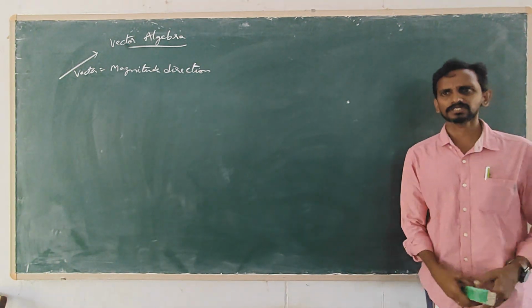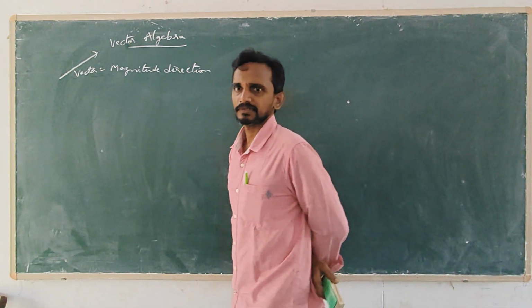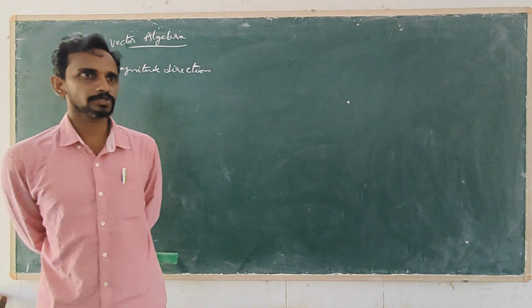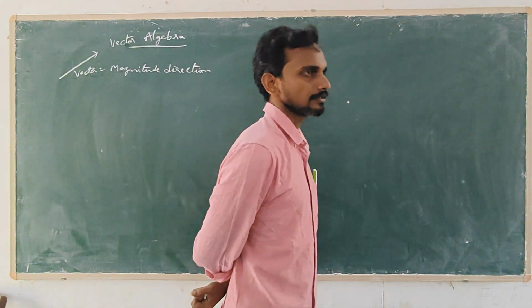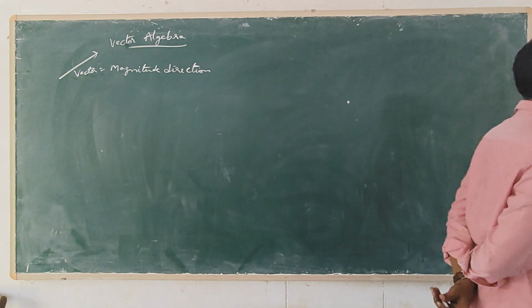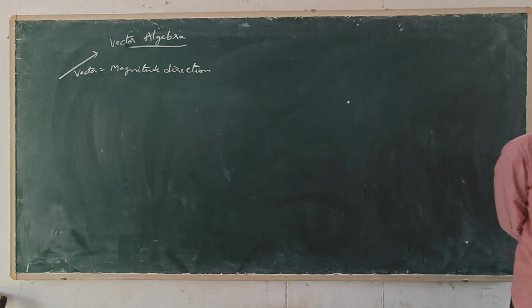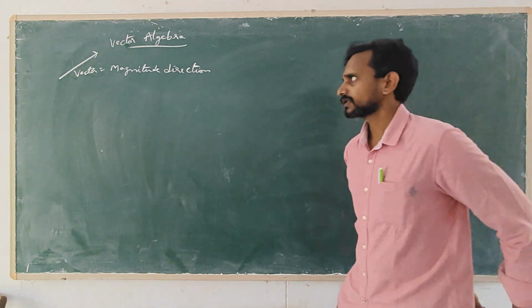So మనకు తెలిసిన వెక్టర్స్ ఏమన్నాయండి? Distance, displacement, speed, velocity. One is scalar, another is a vector. Right?